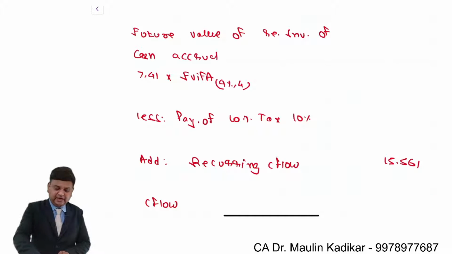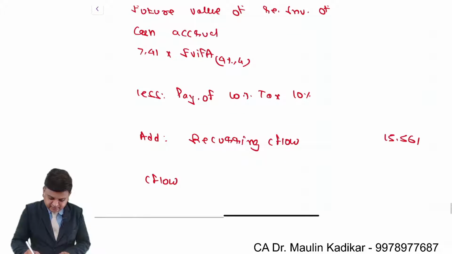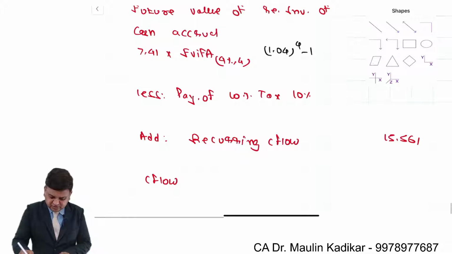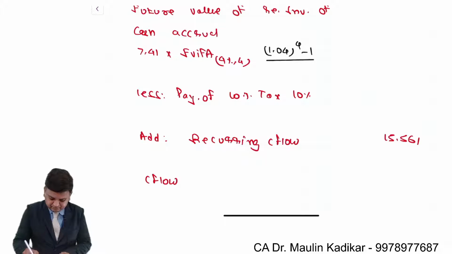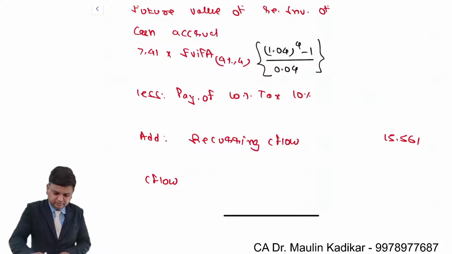Now FVIFA at the rate of 4% for 4 years. The formula is very simple: 1.04 raised to 4 minus 1 divided by 0.04.